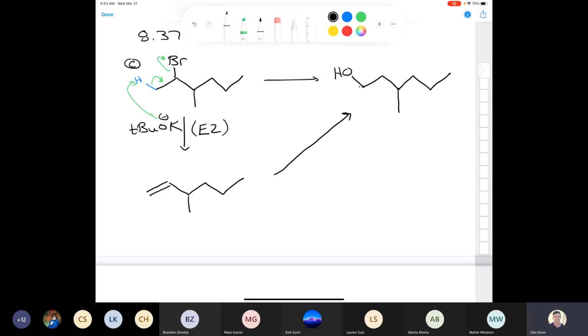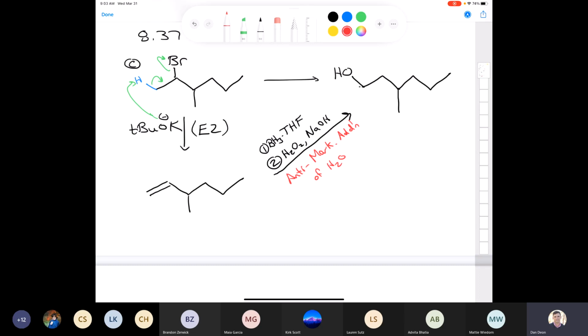You're totally in the right vein. And I realize it's not easy to answer these questions over Teams sometimes, but in the first step, you're going to treat it with borane in THF. And in the second step, you're going to treat it with hydrogen peroxide, followed by sodium hydroxide. Why? Because this is just an anti-Markovnikov addition of H2O across that double bond.